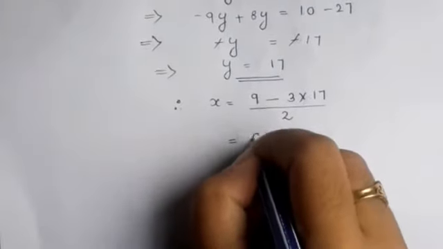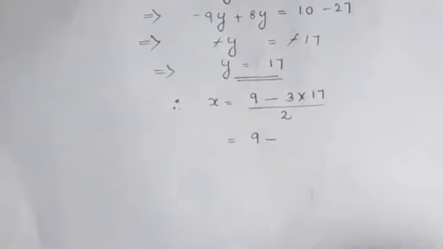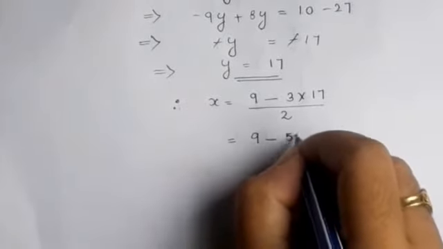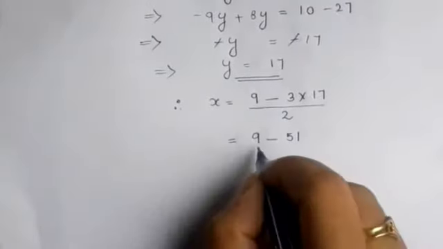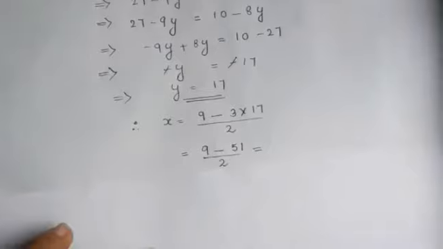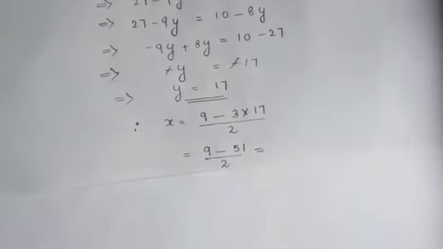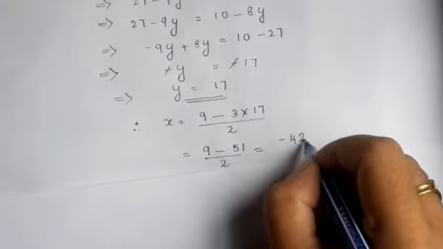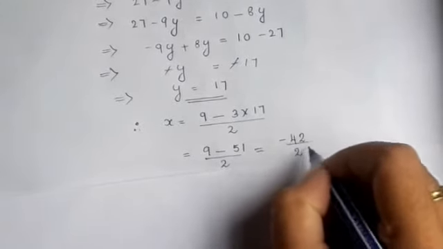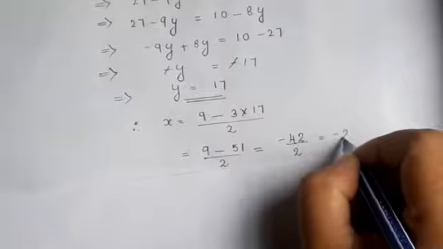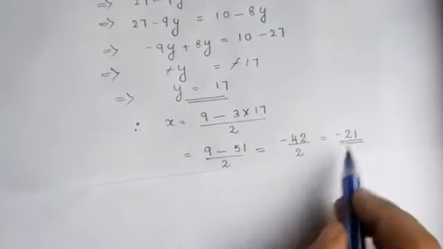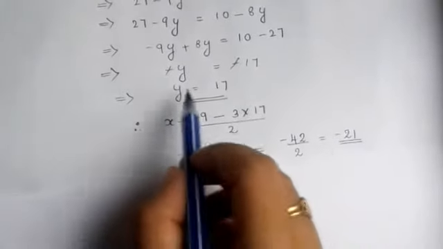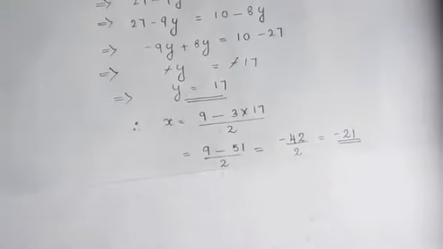So that is 9 minus 51, all divided by 2. What is 9 minus 51? Minus 42. So minus 42 by 2 is equal to minus 21. So the value of x is minus 21 and the value of y is 17.